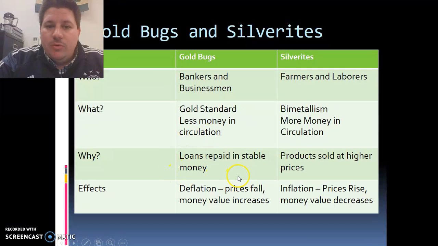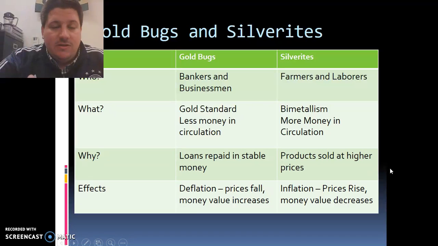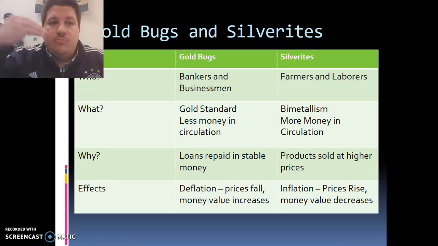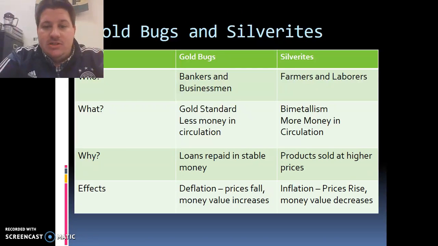Why did the gold bugs support the gold standard? Because their loans would be repaid in stable money, while the silverites benefited from the inflation for two reasons. Obviously, because the value of their debt went down over time, but also because they could sell their agricultural products at higher prices on the market as well.